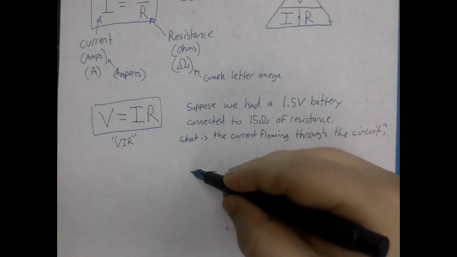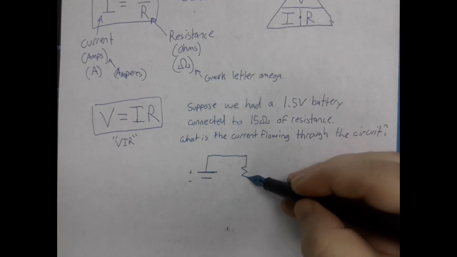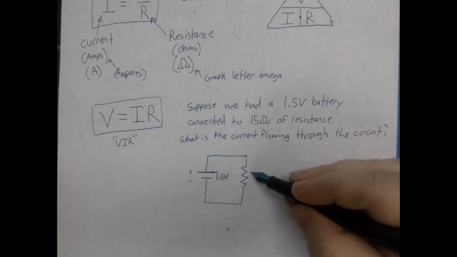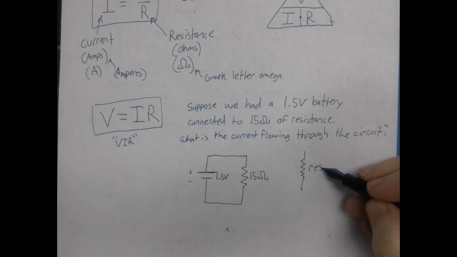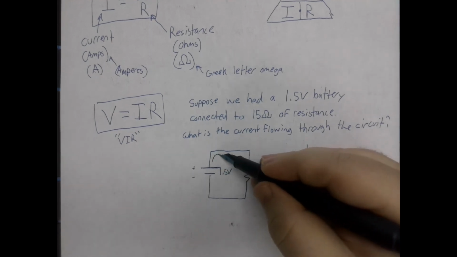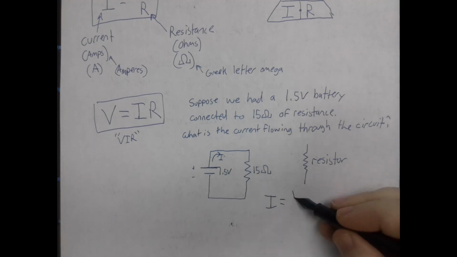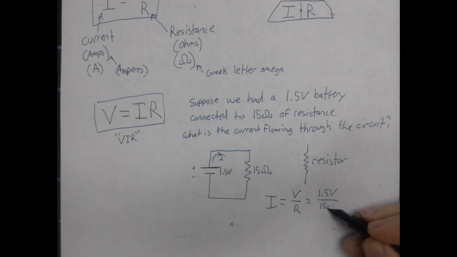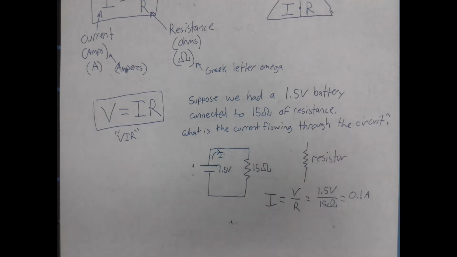The longer line represents the positive terminal. The shorter line is the negative. And this symbol right here is a resistor. So I have a 1.5 volt battery and a 15 ohm resistor. Current is going to flow out here. So current is equal to voltage over resistance. The voltage is 1.5 volts. Resistance is 15 ohms. And that'd be 0.1 amps, right? So that means 0.1 amps is flowing out of that circuit.